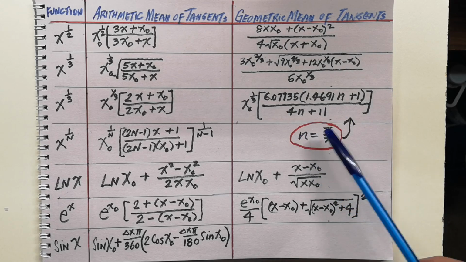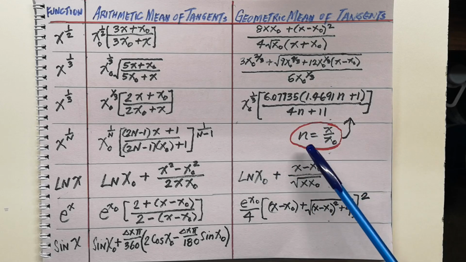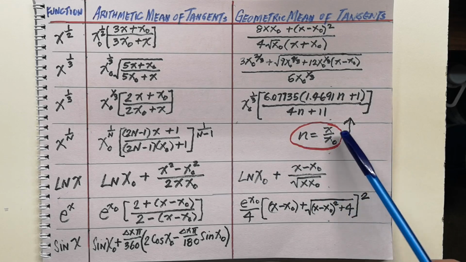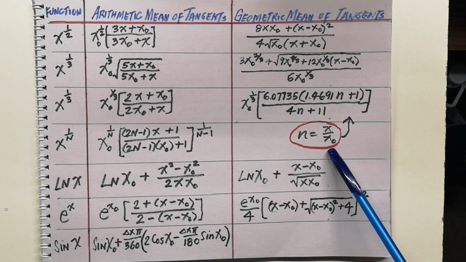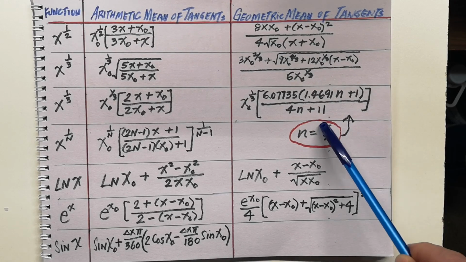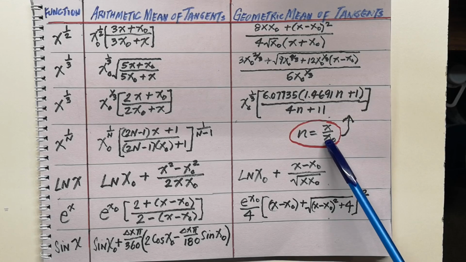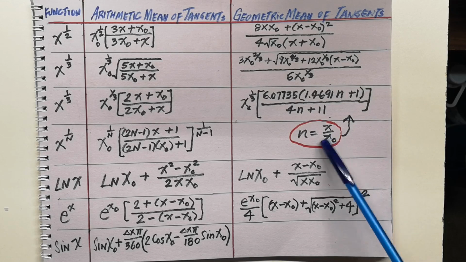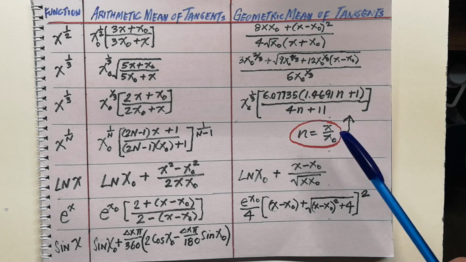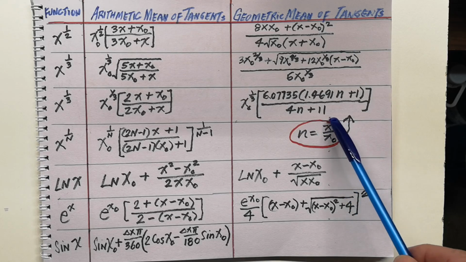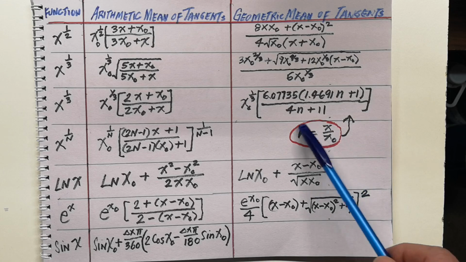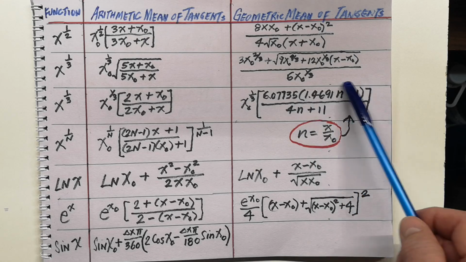In order to simplify things, n is the ratio of x and x sub 0. x is the number you want, and x sub 0 is the nearest perfect cube. Using n will simplify things.